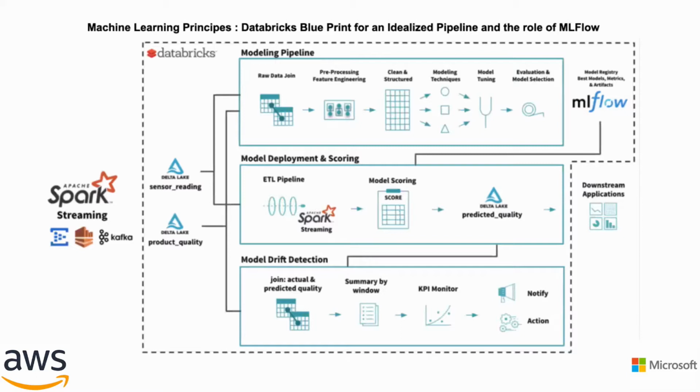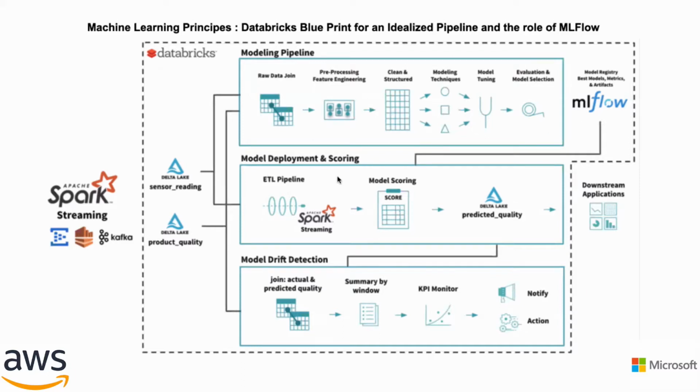So this is a pipeline, and let's look at the role of MLflow. When you're doing model deployment and scoring, or model development as well, you can use the MLflow registry, the metrics component, and artifacts to store your data.